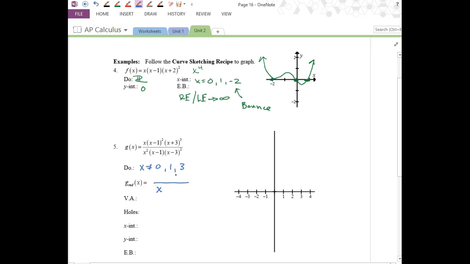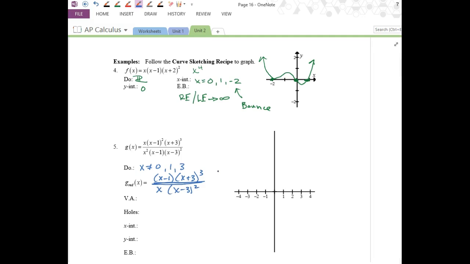I have x minus 1 squared over x minus 1, so the 1 in the bottom is going to cancel. I'll still have an x minus 1 on the top, and then I still have x plus 3 cubed and x minus 3 squared on the bottom. Everybody okay with that simplification? So just reducing, cancel out what's on top and on the bottom.